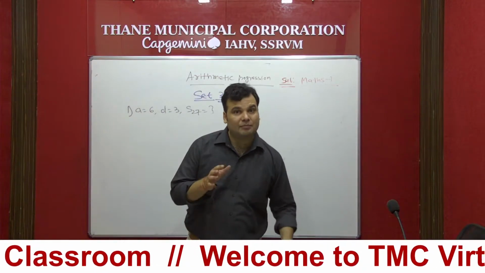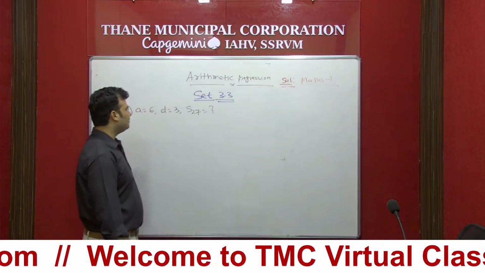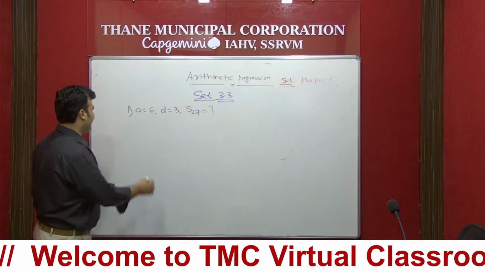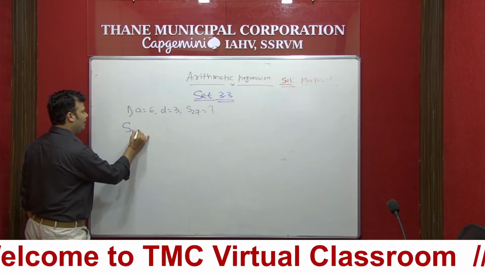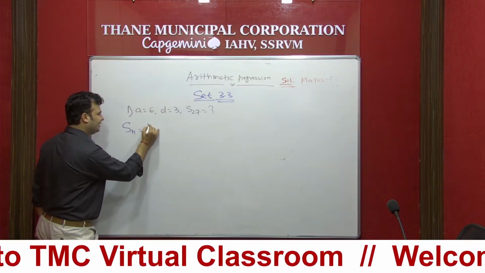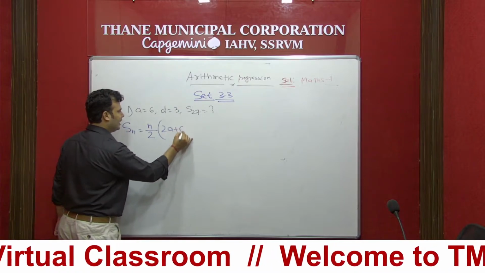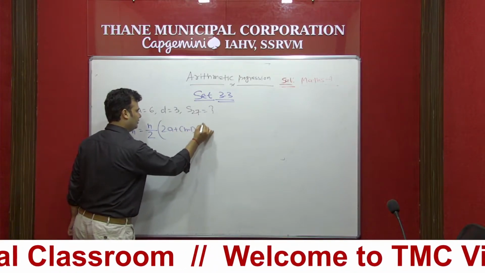So remember that sum means we have to apply the formula of Sn. And remember that one important thing is, what is the formula for Sn? Sn equal to n upon 2 bracket 2a plus n minus 1 d.